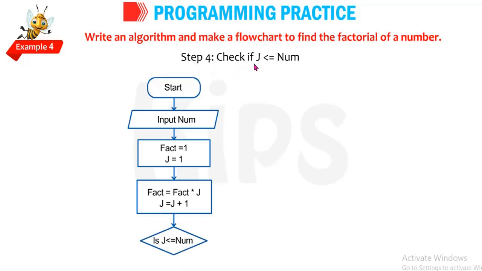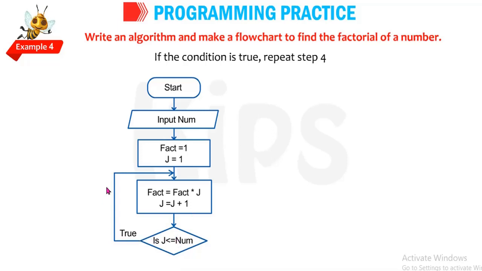Check if J is less than or equal to NUM. The number is what the user has given in this variable. J should be equal to or less than the number. If the condition is true, repeat step 4, that means come back here and do fact is equal to fact into J, and again J is equal to J plus 1.